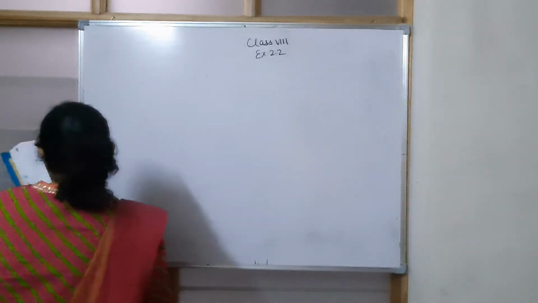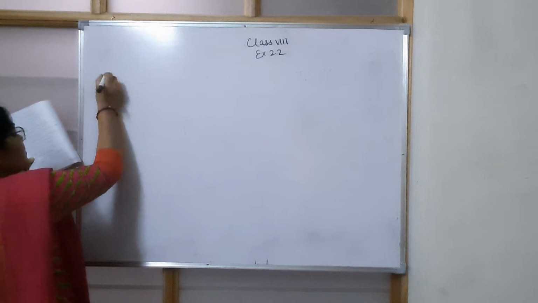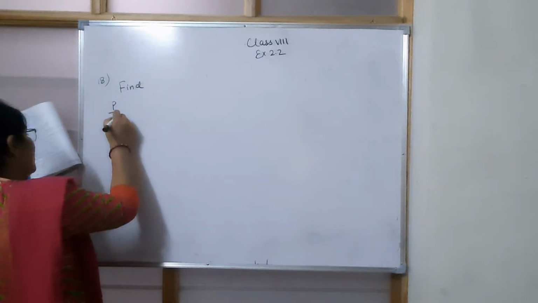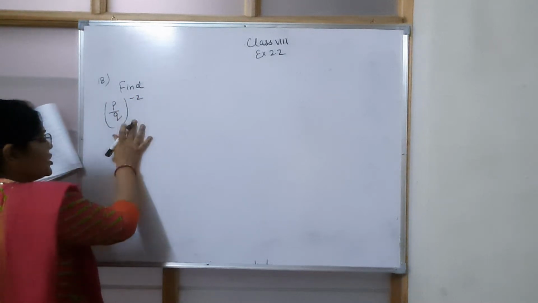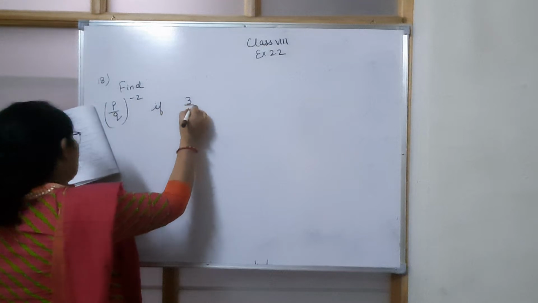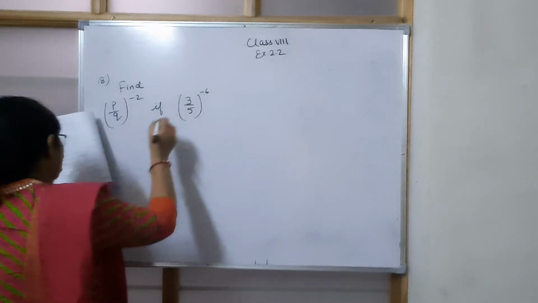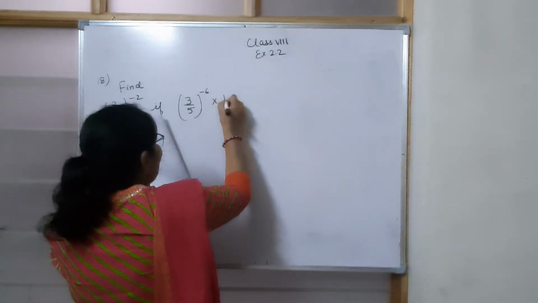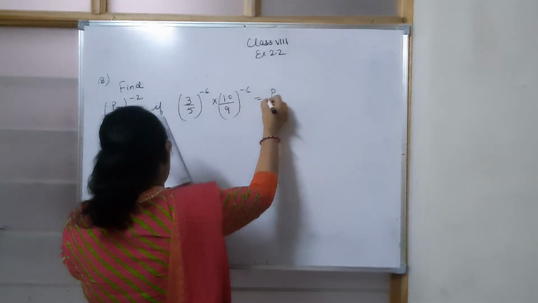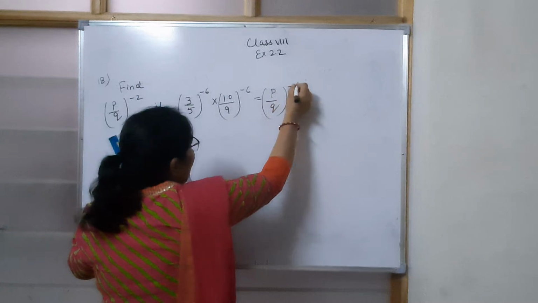Find P upon Q raised to the power minus 2, if 3 upon 5 raised to the power minus 6 into 10 upon 9 raised to the power minus 6 is P upon Q raised to the power minus 6.